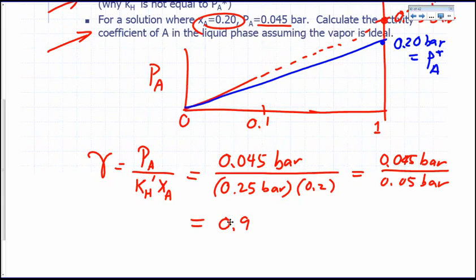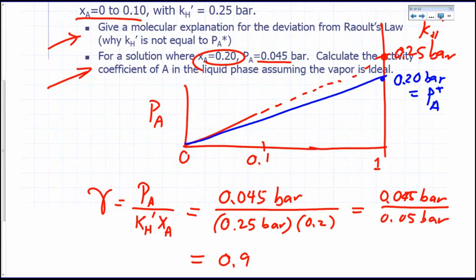Okay, let's relate that to what we plotted here. At XA equals 0.2, let's say 0.2 right here, Henry's law would predict that your vapor pressure is 0.05, okay? But according to this, the actual experimental vapor pressure is only 0.045, which is going to be somewhere around there.